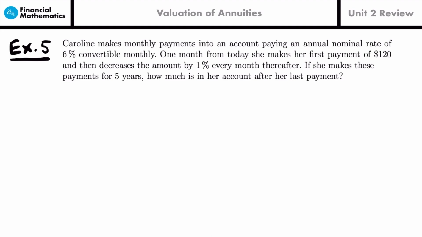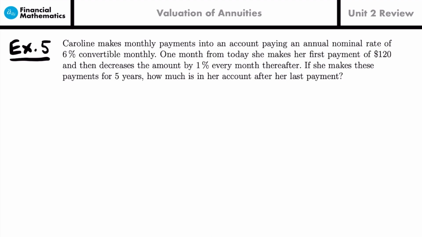Which one of those specifically we are doing is going to depend on how the question is worded. And in this case, the last sentence gives that away. If Caroline makes these payments for 5 years, how much is in her account after her last payment? All right, we're talking about an amount in the future. We want to know the value in her account after the last payment, which takes place in the future. So we're looking for the future value in this case.